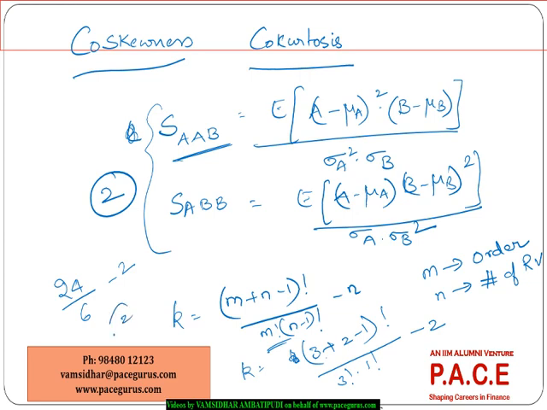So 4 minus 2, 2 is the co-skewness values that I'm going to get.